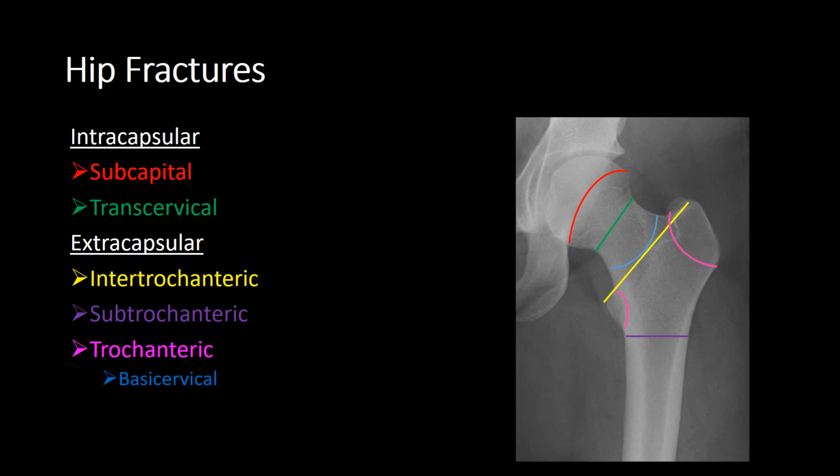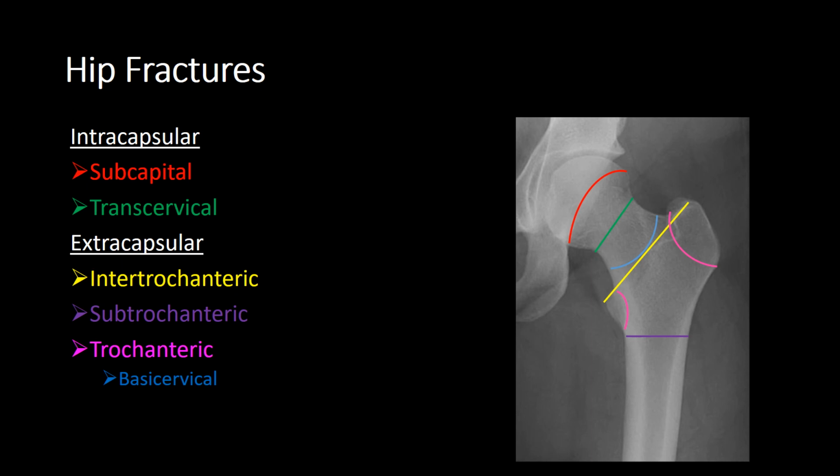With fracture classification, we always consider intra-articular and extra-articular. Intra-articular means it communicates with the joint, and extra-articular means that it doesn't extend to the joint. But in the hip it's slightly different, because the blood supply enters distal to the femoral neck, so we become concerned about whether a hip fracture is intracapsular or extracapsular.